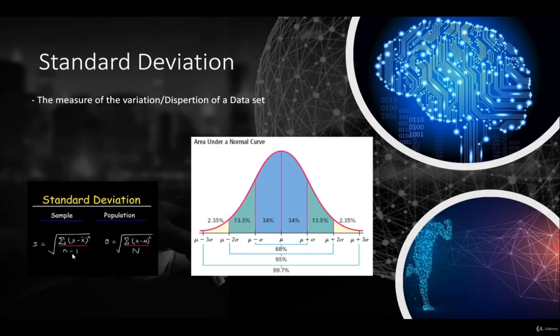So if our data set has 4 numbers, it's going to be 4 minus 1, which is 3. For a population, it's a bit different. Instead of subtracting 1 at the end, we will simply divide by the number of numbers that we have.